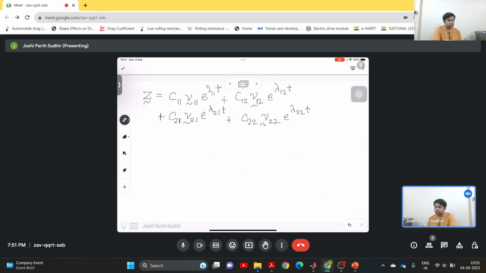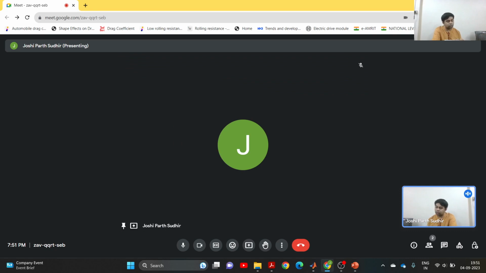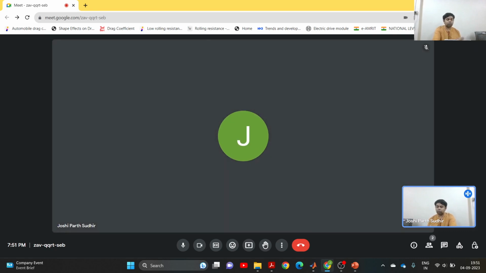So we can write the response as a combination of these eigenvectors and the eigenvalues in this way. So we can find out these constants C11, C12, C21 and C22 in terms of the initial conditions.